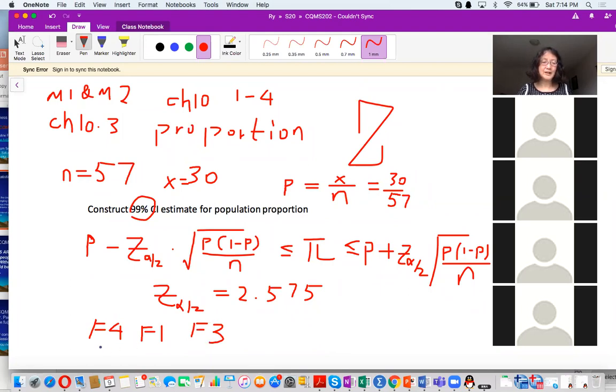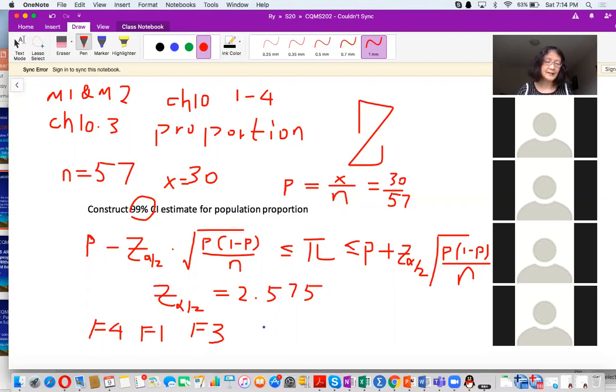I repeat, F4, interval, F1, Z, F3, 1P, 1 proportion. Okay, after that, you are asked for C level, you type in 0.99, and you are asked for X, which is 30, and then you are asked for sample size N, 57.